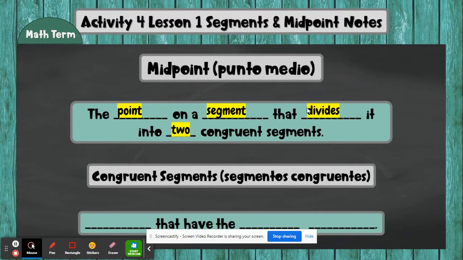So think about a trip. If you get to the midpoint and you've traveled 2 hours to get to that midpoint, then you have 2 hours still left to go. The midpoint is exactly in the middle, and it divides it into two congruent segments. And of course, congruent segments are segments that have the same length. And we've talked about this quite a bit.